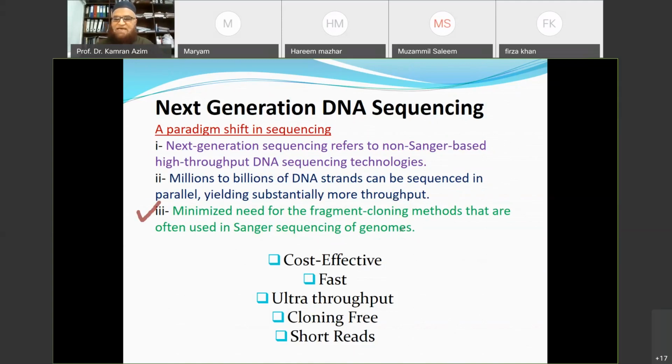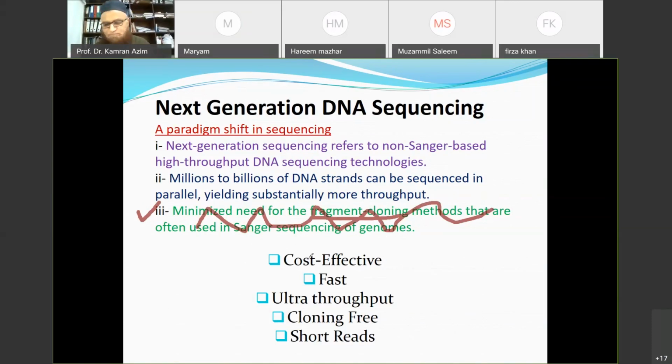During the Sanger sequencing of genomes, it was almost necessary to clone the DNA fragments using genetic engineering methods, which was another step. Now this step is skipped. This step is no more required.